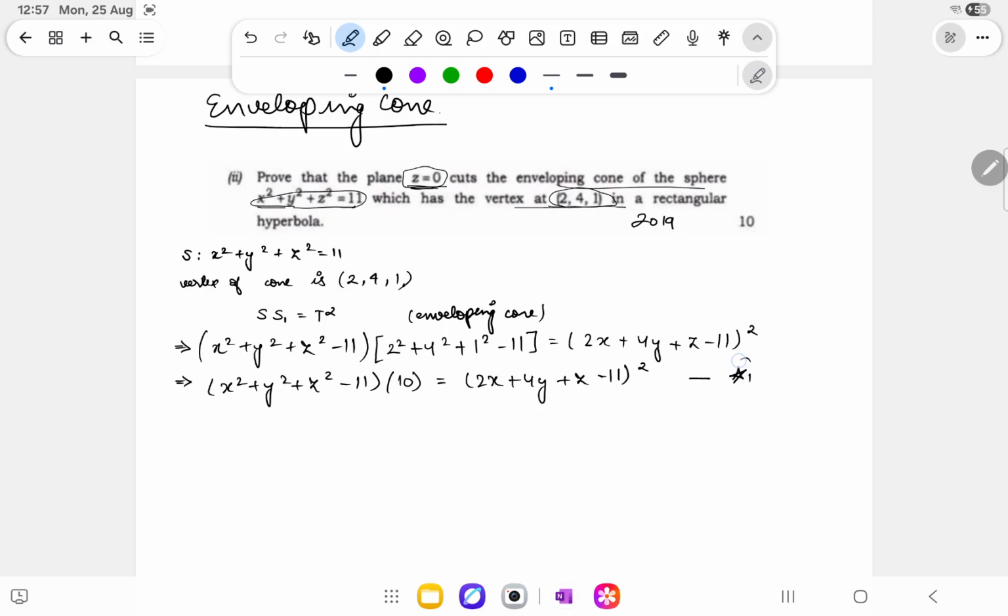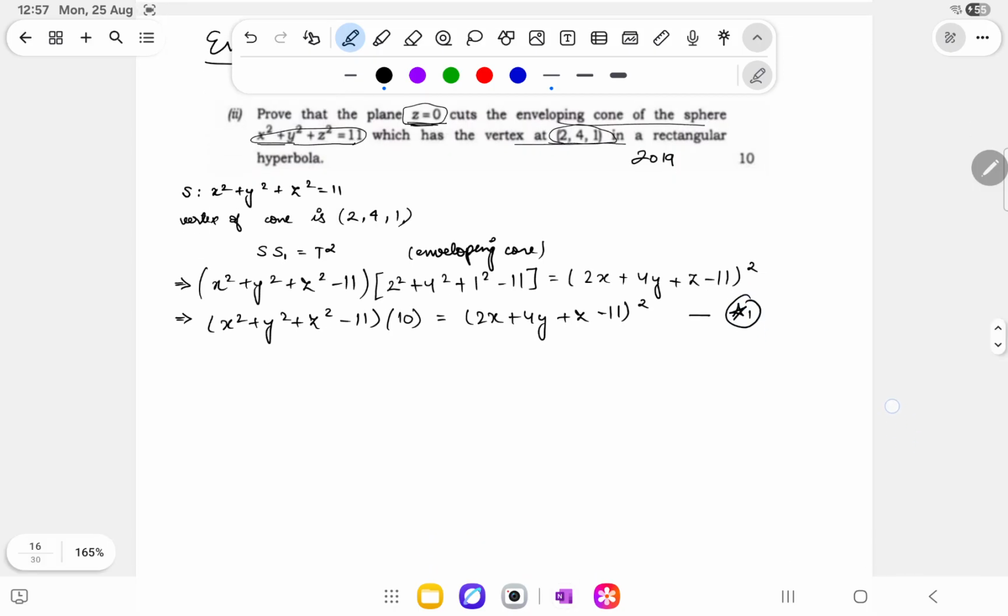So this is the equation of our enveloping cone. In the question it further says that this enveloping cone is cut by the plane z equals 0.